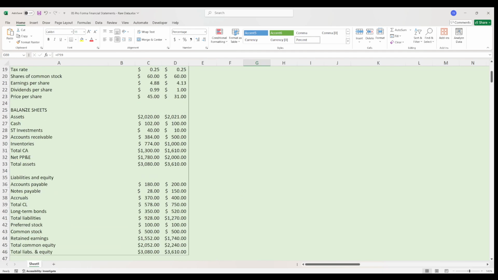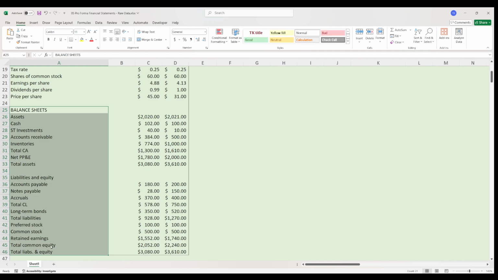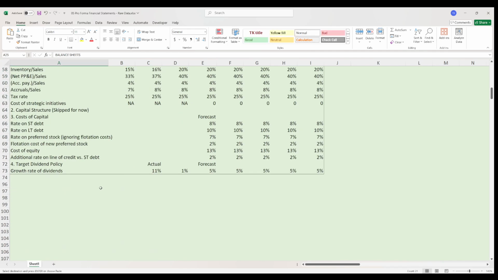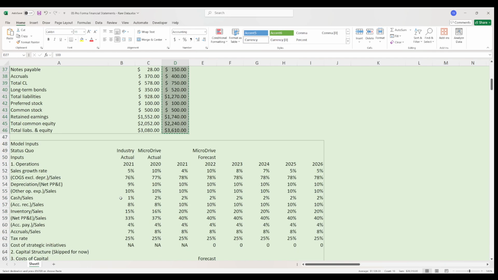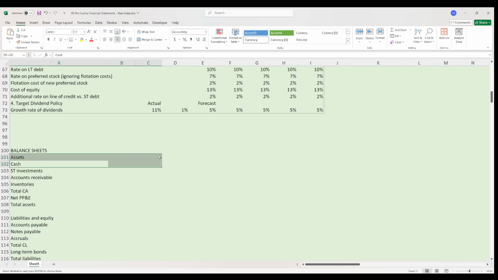So before I start, I just have to copy and paste all the row items here. I have the balance sheets, and then I have the cash all the way down to the end. So this is the cash.